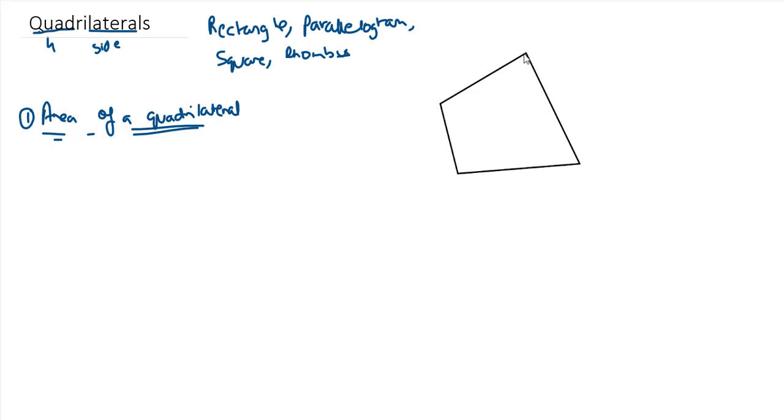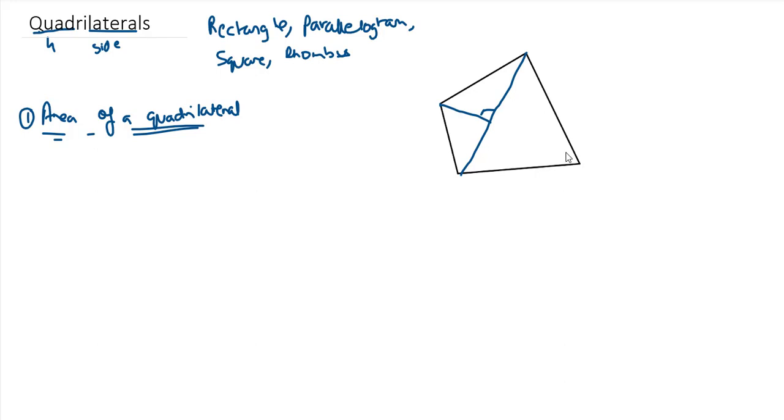Let's say if I join these two vertices. So now this is a diagonal. This diagonal is dividing this quadrilateral into two triangles, this upper triangle and this lower triangle. Now if I drop a perpendicular from this vertex to this diagonal, so if you notice, this will be the base and this will be the height of this triangle.